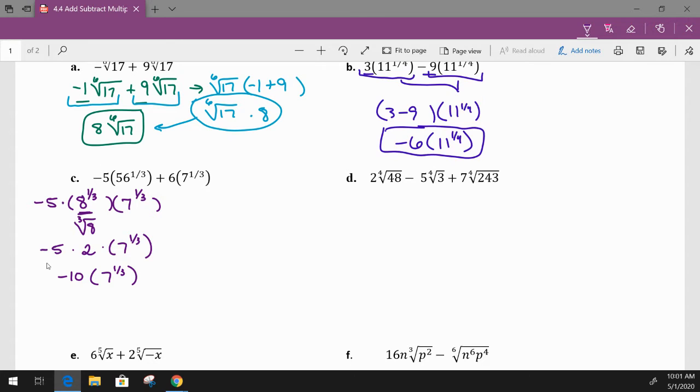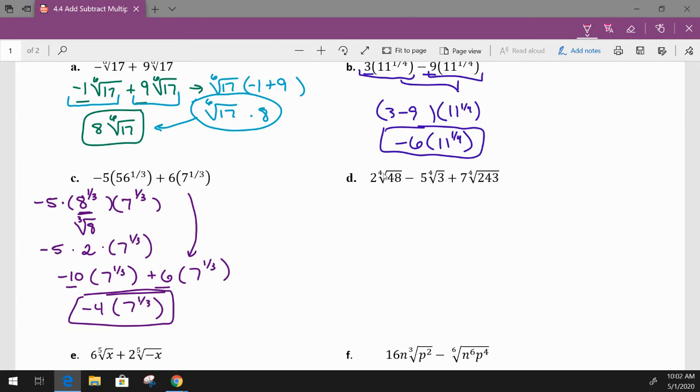Now that we're done with that first term, the second term we can bring down. And now you can see that they have the same radical, or the same 7 to the 1/3 power. So because these are the same, you can add the coefficients. So the -10 plus 6 is -4, 7 to the 1/3 power.